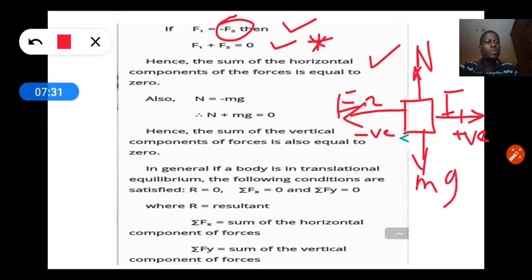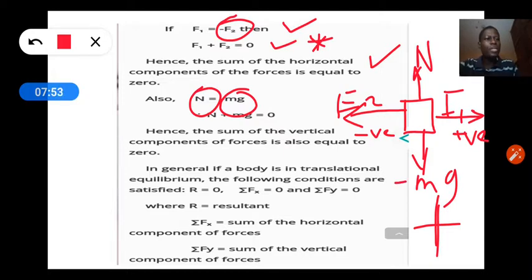The same thing, this mg is considered negative because it is going in the opposite direction to N. Once you see two forces acting in opposite directions, the other one is considered negative. Obviously, if you look at your Cartesian plane, this side is negative. So we can take this as having a negative sign, showing that it is going in the opposite direction to this force N.